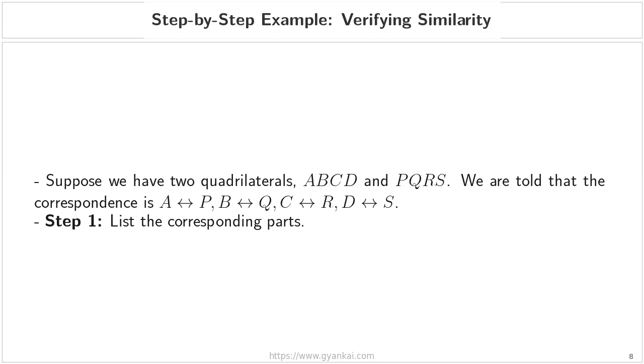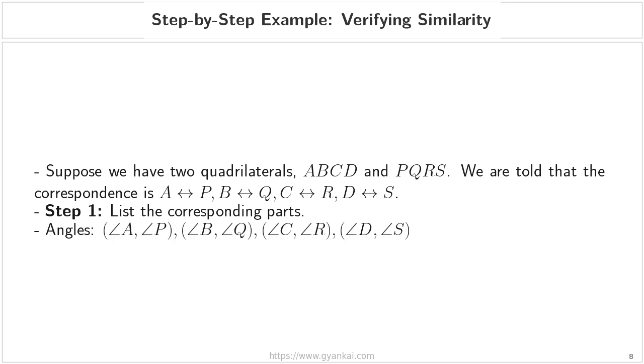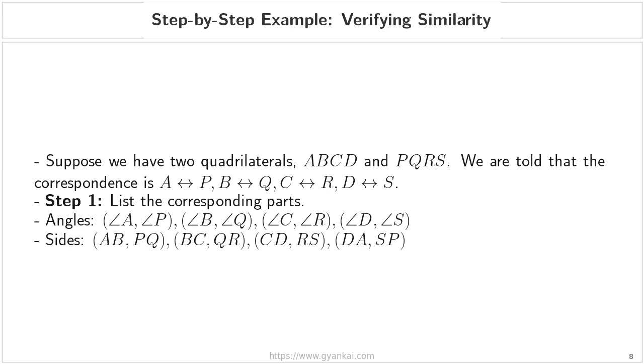Our very first step in the verification process is to systematically list all the corresponding parts, so we don't miss anything. First, we identify the pairs of angles that must be checked for equality. These pairs are angle A with angle P, angle B with angle Q, angle C with angle R, and angle D with angle S. Next, we must list the pairs of corresponding sides that we will need to check for proportionality.